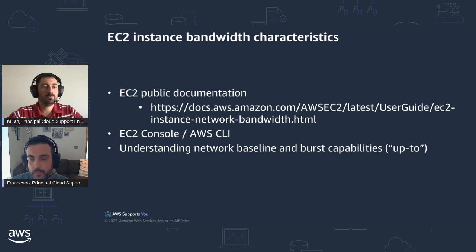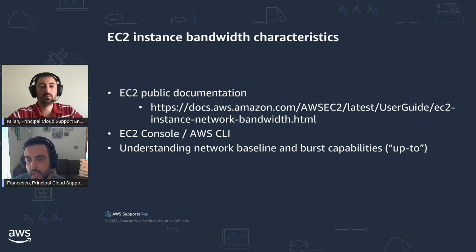You can find the bandwidth characteristics of the instances in the documentation, but also in the console and using the CLI. One important consideration here is that we do advertise the baseline of the instance and the burst capabilities.